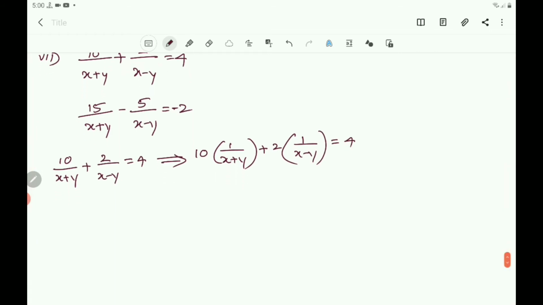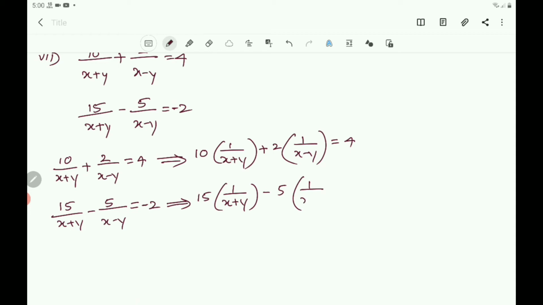Now the second one, 15 by x plus y minus 5 by x minus y equals minus 2. That implies 15 into 1 by x plus y minus 5 into 1 by x minus y equals minus 2.